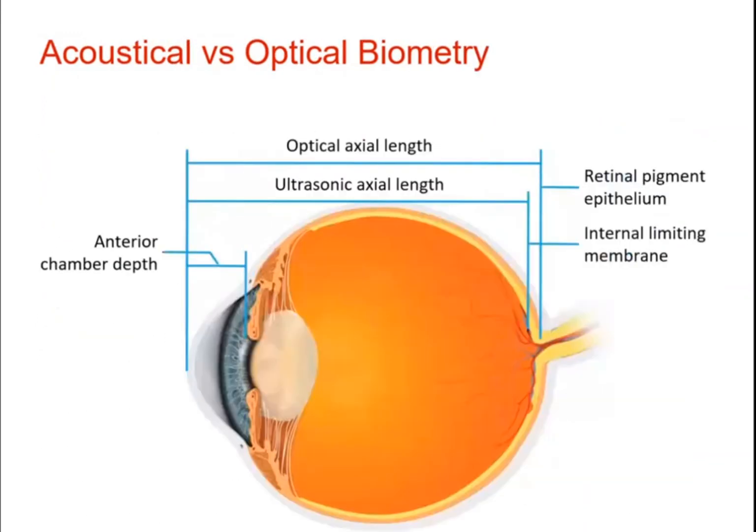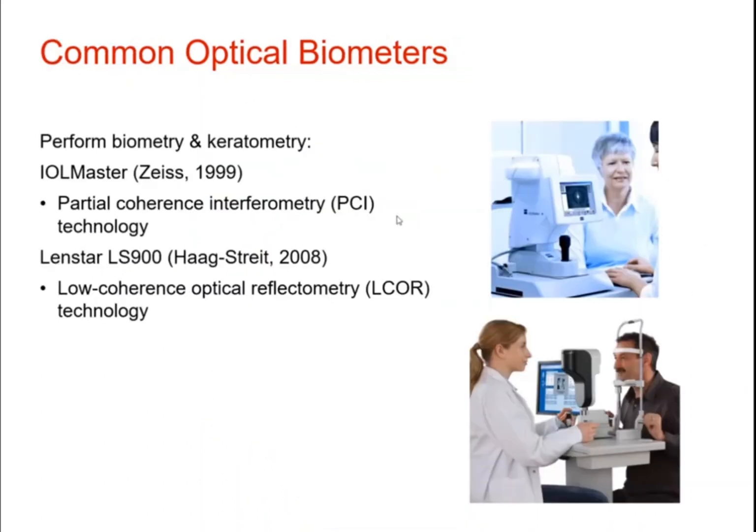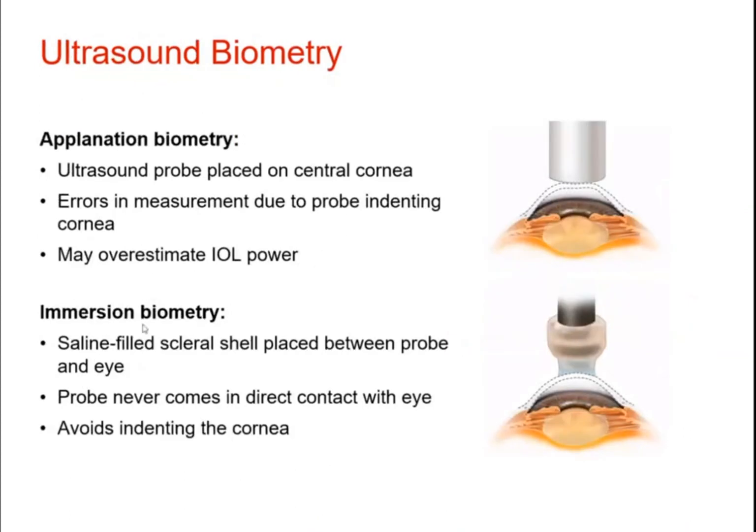The other thing about optical biometers is that it measures a little bit deeper to the retinal pigment epithelium as compared to ultrasound, which only reflects off the surface of the macula. However, most optical biometers have this calibrated to be more similar to the ultrasonic axial length. So this would be calibrated more towards the immersion biometry method.